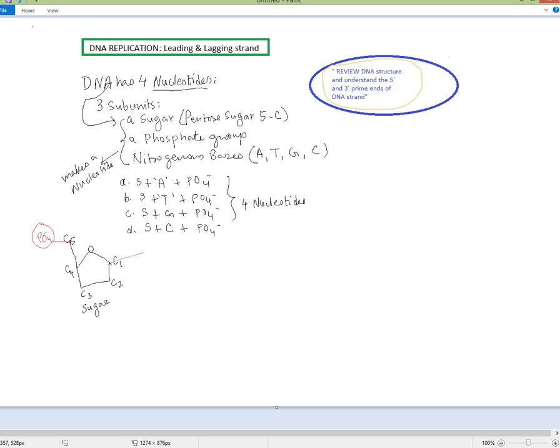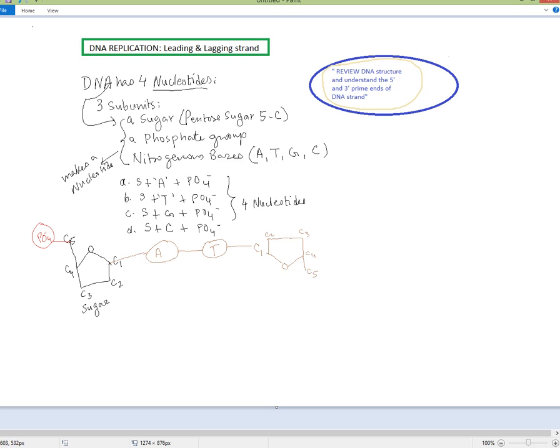So with the carbon number 1, the nitrogenous base could be either A, T, G, or C. So let's put A, and this is connected to another nitrogenous base, that would be T, and this is also connected to carbon number 1 of the pentose sugar, but here the structure would be like this, an inverted pentagon. So this is C1, C2, C3, C4, C5.